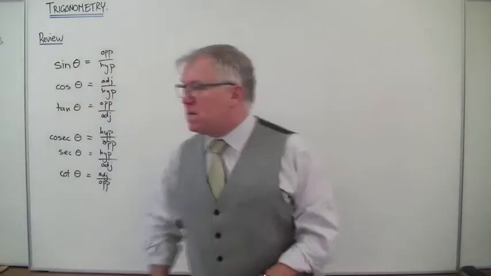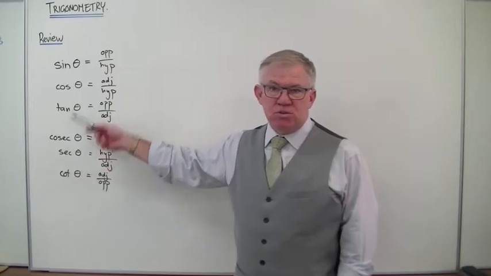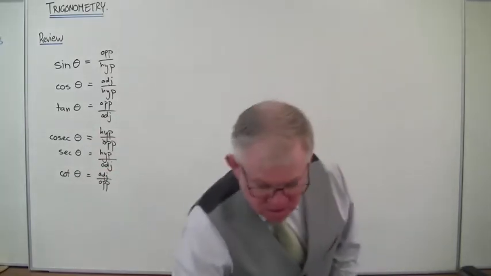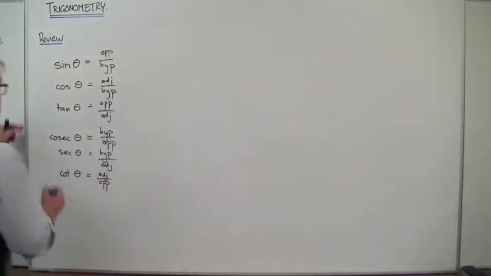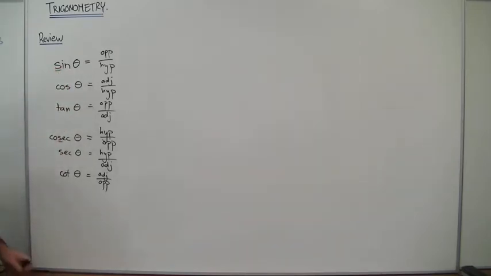And at the beginning, I found it difficult to remember which one of these additional three ratios goes with which one of these. And then I figured there's a little bit of a pattern there. The third letter of this always matches up with the first letter of its corresponding ratio. Alright, so the third letter of cosec matches up with sine.